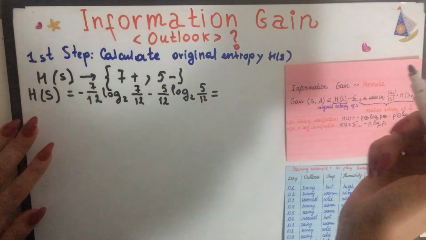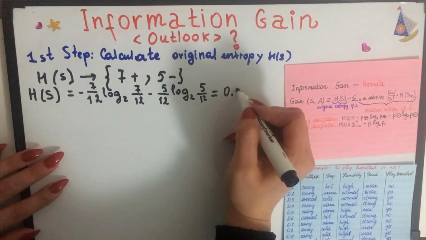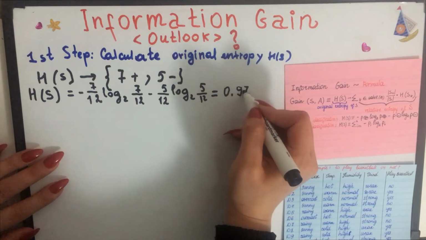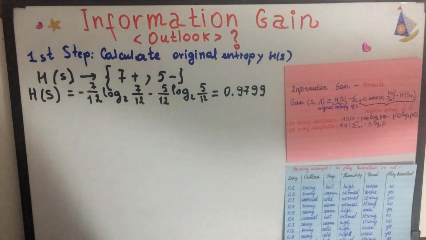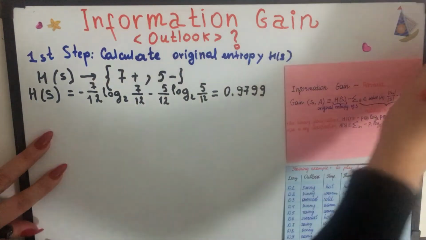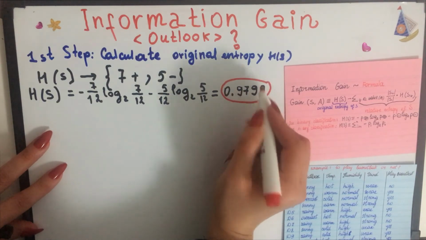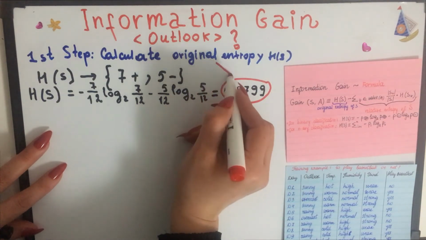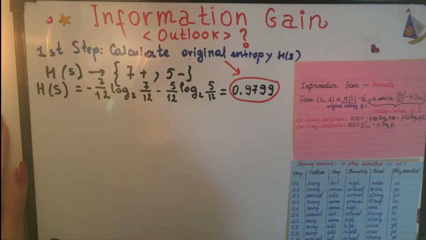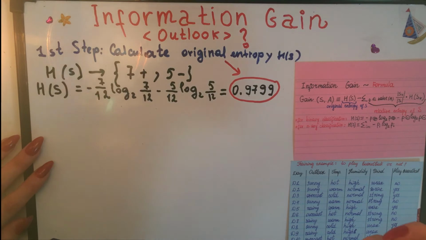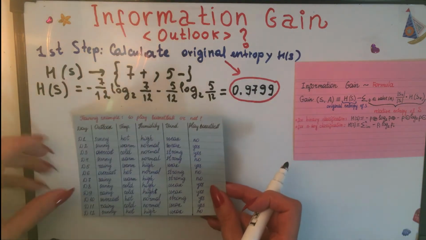Because 7 is the number of days in our training example that to play basketball, so the amount of yeses. So we are dividing 7 by 12 because 12 is the total amount of days in our example set. The second one is 5. As you can guess, 5 is the number of days that not to play basketball.